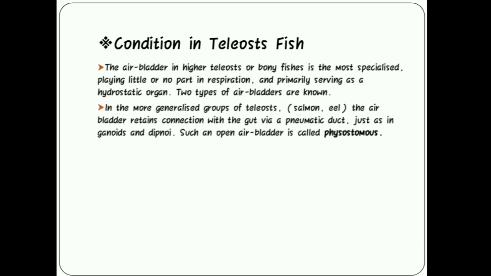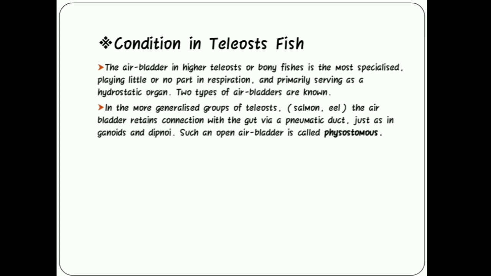In the more generalized groups of teleosts like salmon and eel, the air bladder retains connection with the gut via a pneumatic duct, just as in ganoids and dipnoids. Such an open air bladder is called physostomous.